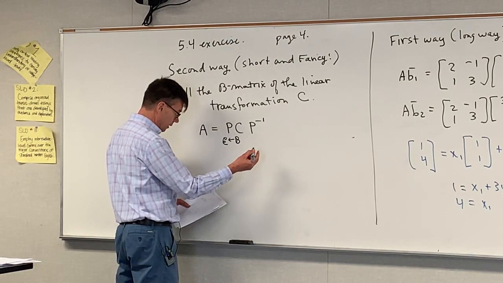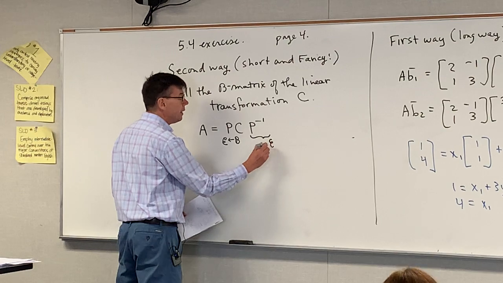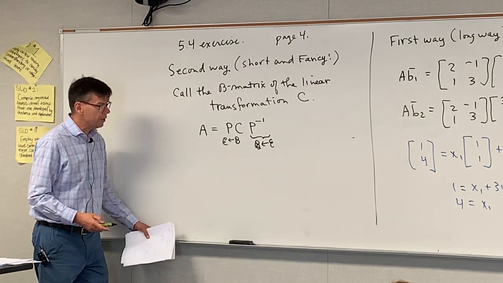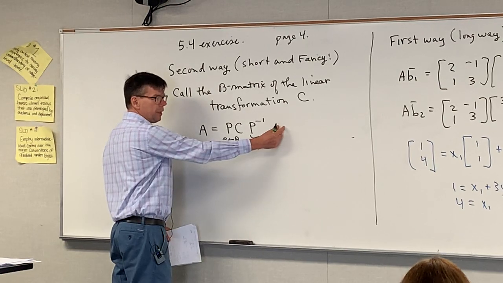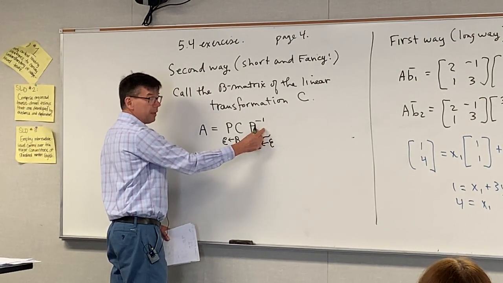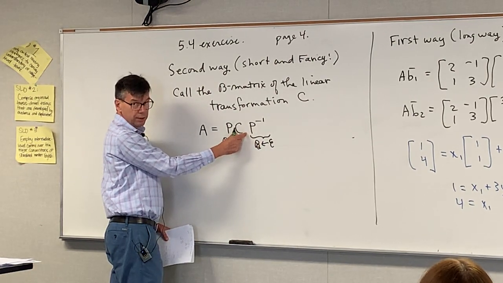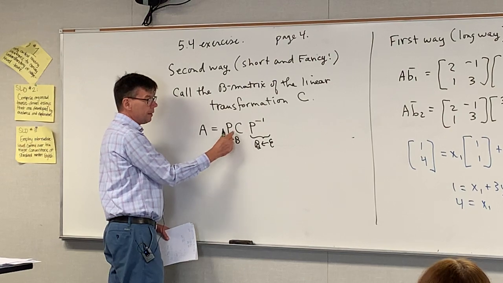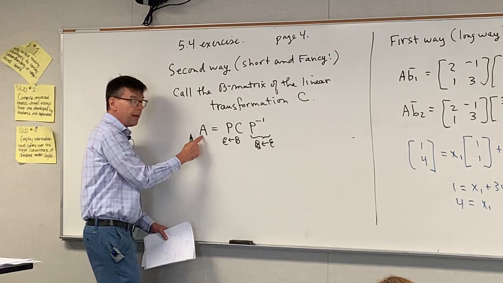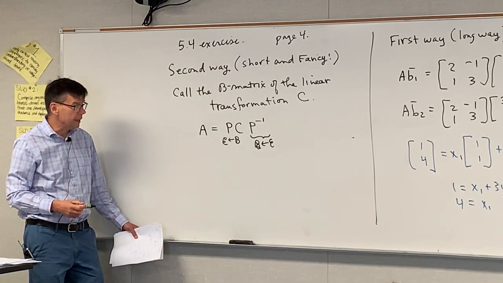And that means P inverse is the E to B coordinate change, right? So we take a vector here in E coordinates, put it on the right, multiply by P inverse, which changes to B coordinates, apply the transformation in B coordinates, and then change the B coordinates back to standard, and that really is what our original A matrix means.